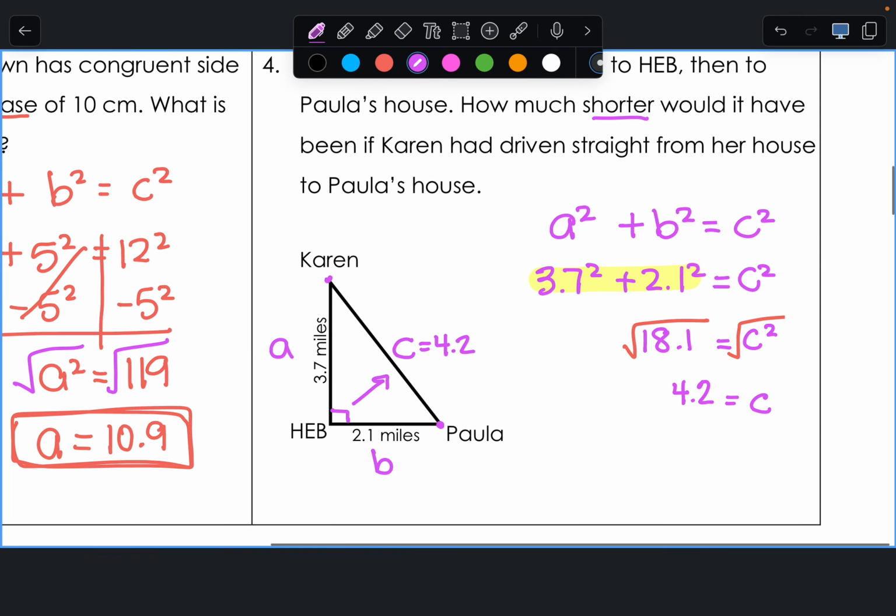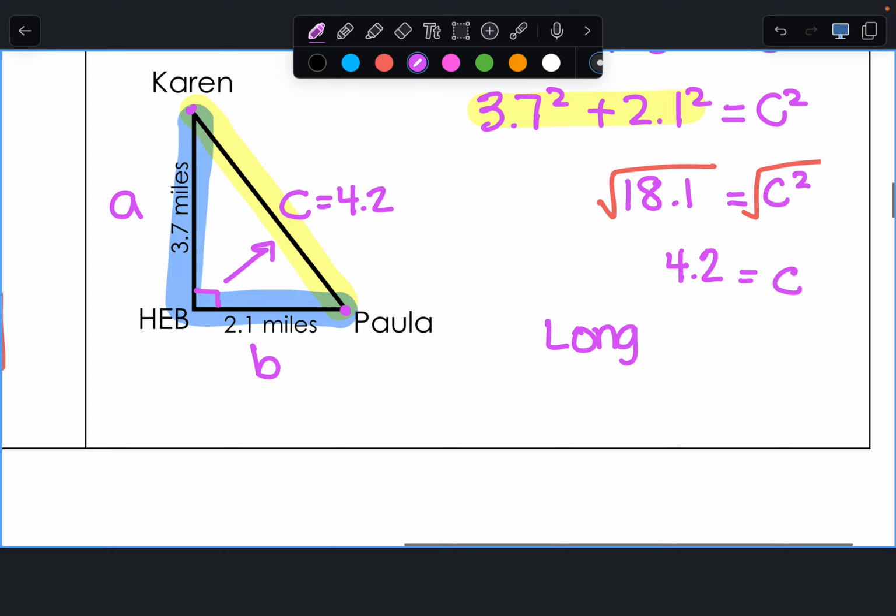It says how much shorter would it have been if she had taken this road versus these two? So how do we figure that out? Subtract. First, we figure out how long the long way is. The long way is the blue side. So how do you figure out how much those are? What do you do to those two distances? Add them up.